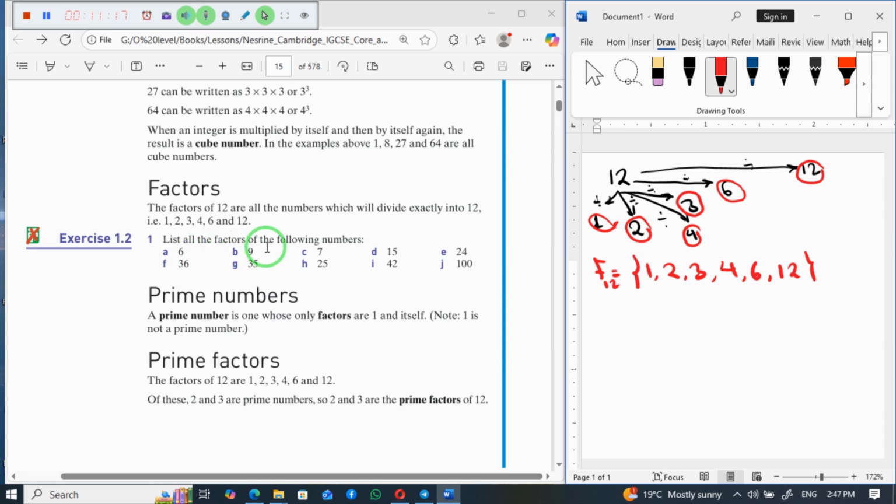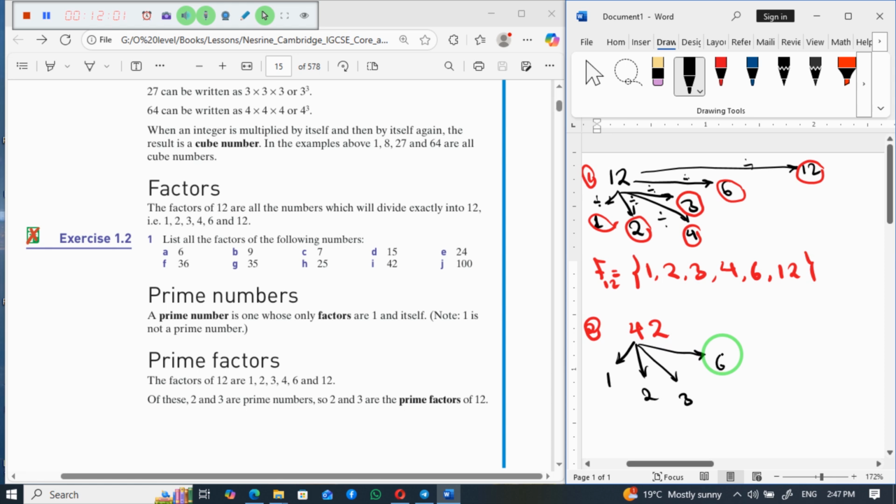We should list all the factors of the following numbers. For example, I want to find the factors of 42 as a second example. The factors of 42 start from 1, also 2, 3, 6, 7, 14, and the last one is itself, 42.